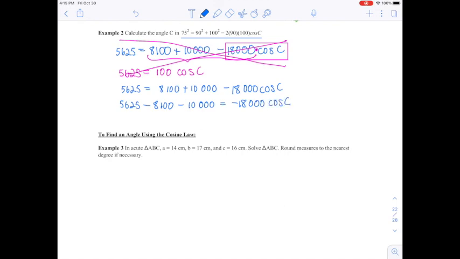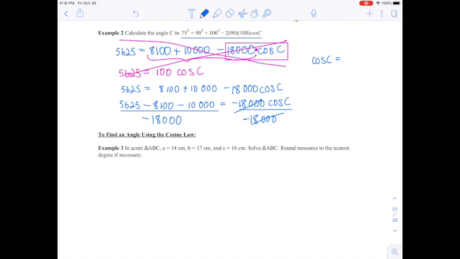And then to get cos C by itself, we divide both sides by negative 18,000. Okay, and then we're going to simplify. So in the end, I'm going to get that cos C is 5625, subtract 8100, subtract 10,000, divided by negative 18,000.